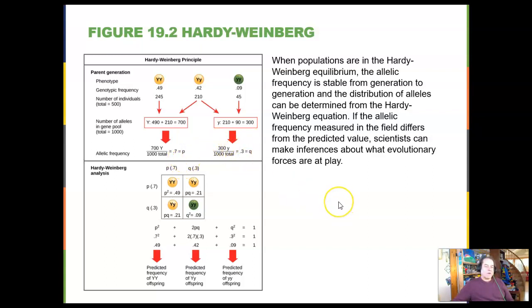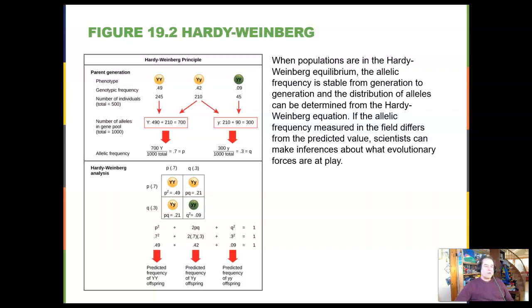So hopefully you'll recall that the Hardy-Weinberg equilibrium is a mathematical tool that predicts the frequencies of alleles for a gene. It only looks at one particular gene. It's not the entire gene pool for everything, hair color, digestive enzymes, growth factors, etc., all the stuff that makes us up, but just one particular gene.